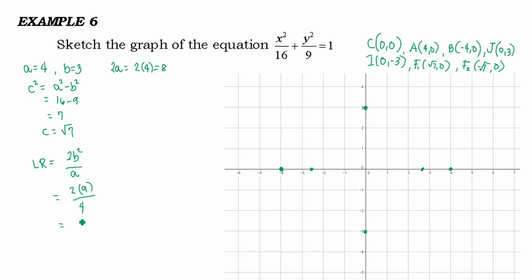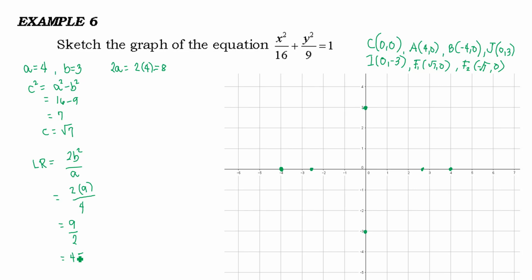So in other words, 9 over 2, which is exactly 4.5. So 4.5 divided by 2 is 2.25.